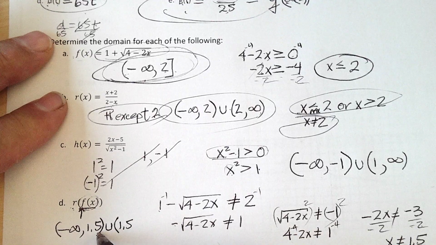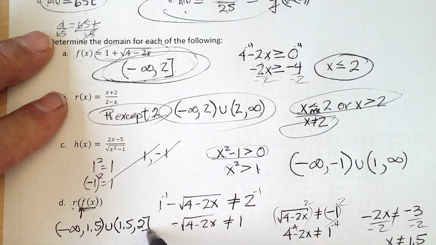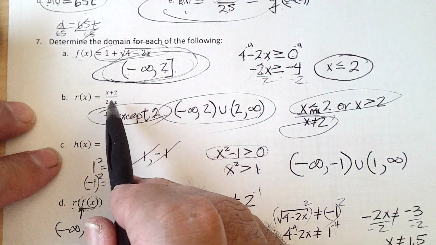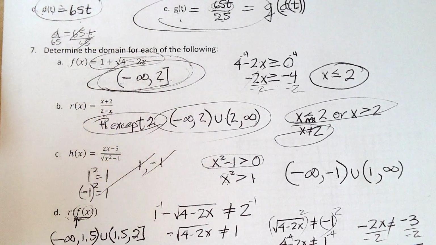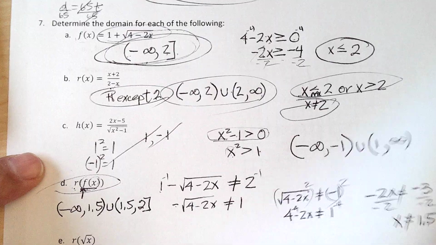So don't include 1.5, but get up to 2. And we can use 2 because 2 would give us 1, and 1 works in there. So that's D. A little bit complicated.